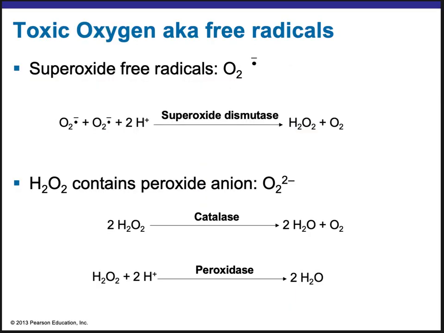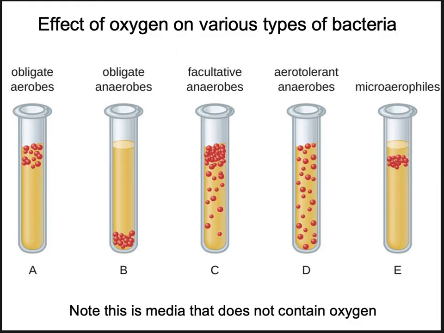So I just want to remind you that this is another one of the chemical requirements for growth. And for some of them, the requirement is that there's no oxygen, right? It's obligate anaerobe. And for others, it requires oxygen. And then we have the other situations. So you have to remember all of these different types of bacteria and what their relationship to oxygen is.